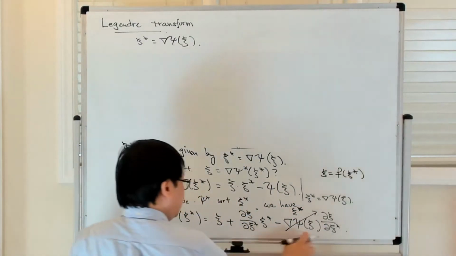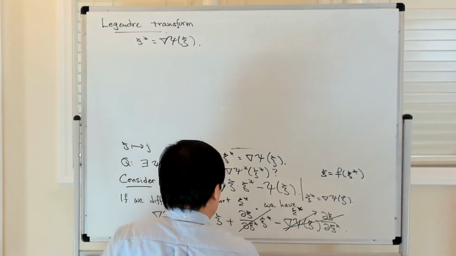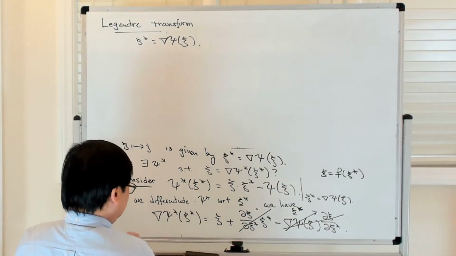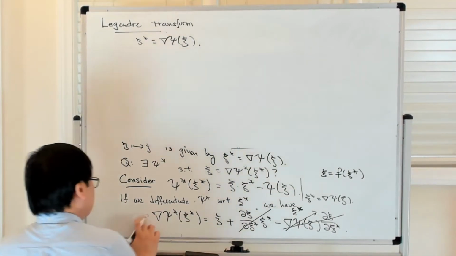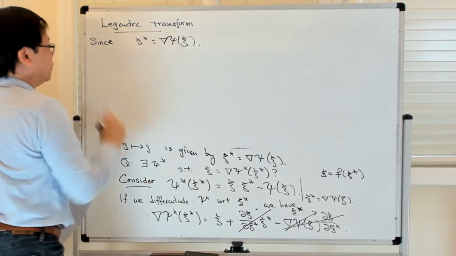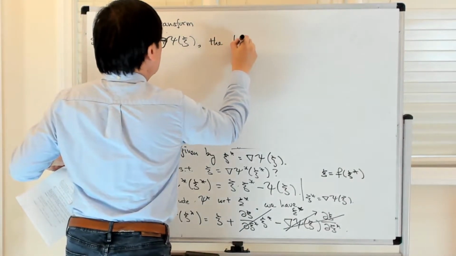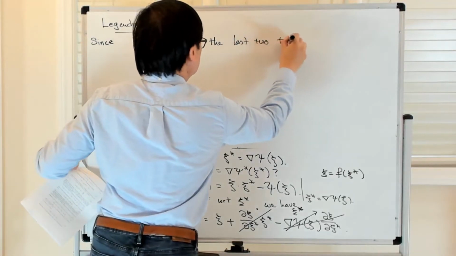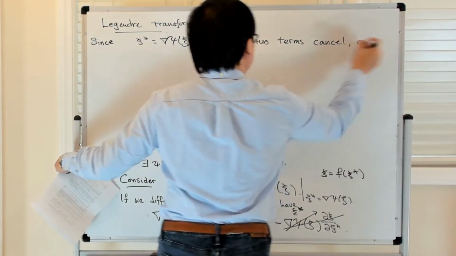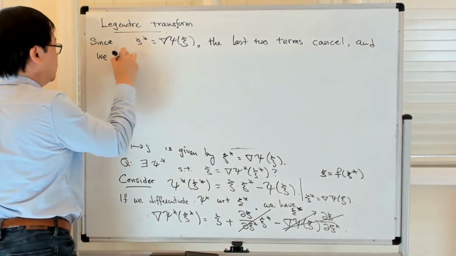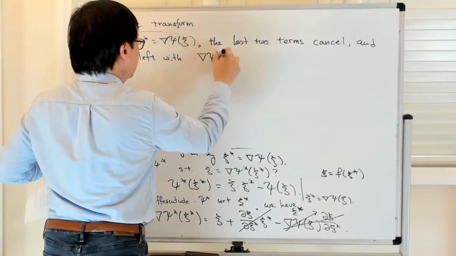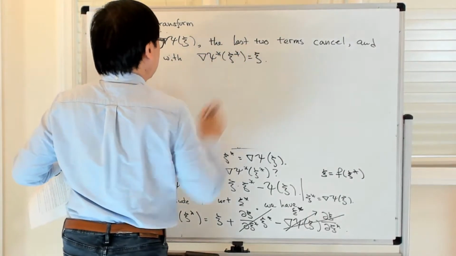Those two terms are equal to each other, so they cancel out. Since we have this relationship, the last two terms cancel, and we are left with the fact that the gradient of psi star at c star is equal to c.